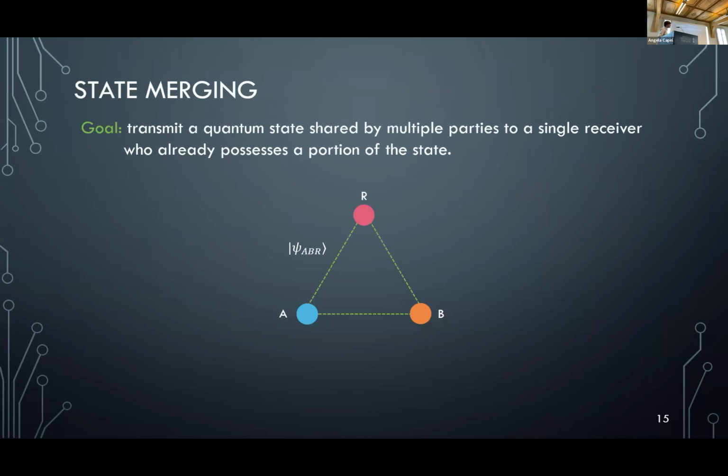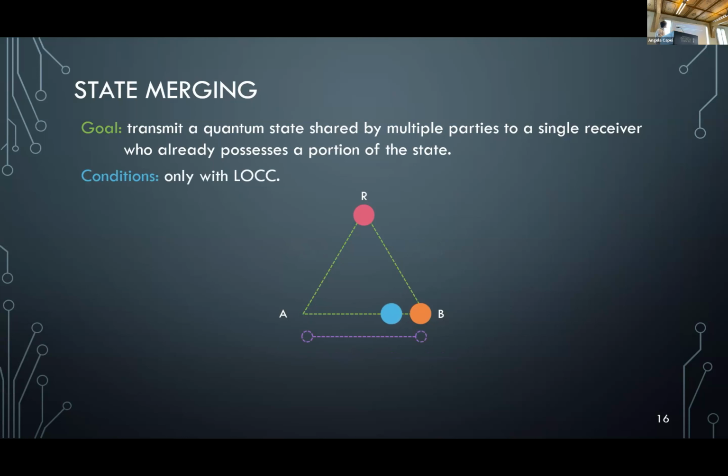So, okay. This next one is state merging, which consists of sending a share of a state from Alice to Bob, and Bob already has, let's say, some part of this state. This is trivial if we have a quantum channel, because we just send the share through a quantum channel, but we want to do this with local operations and classical communication, and we use some extra entanglement as a resource so that this process can be done.